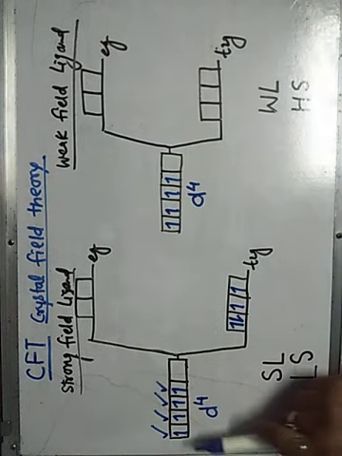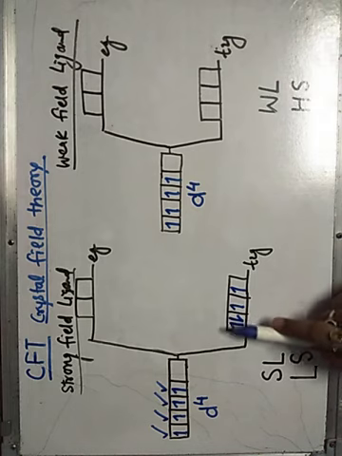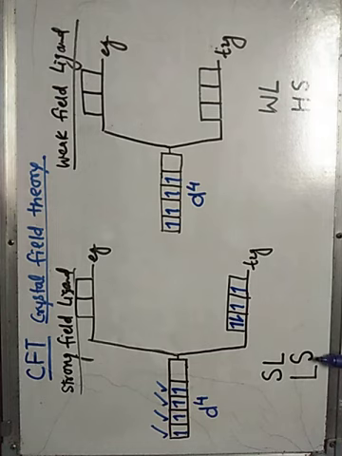That's why this electron goes into t2g. That means electron pairing is there. That's why it is low spin.